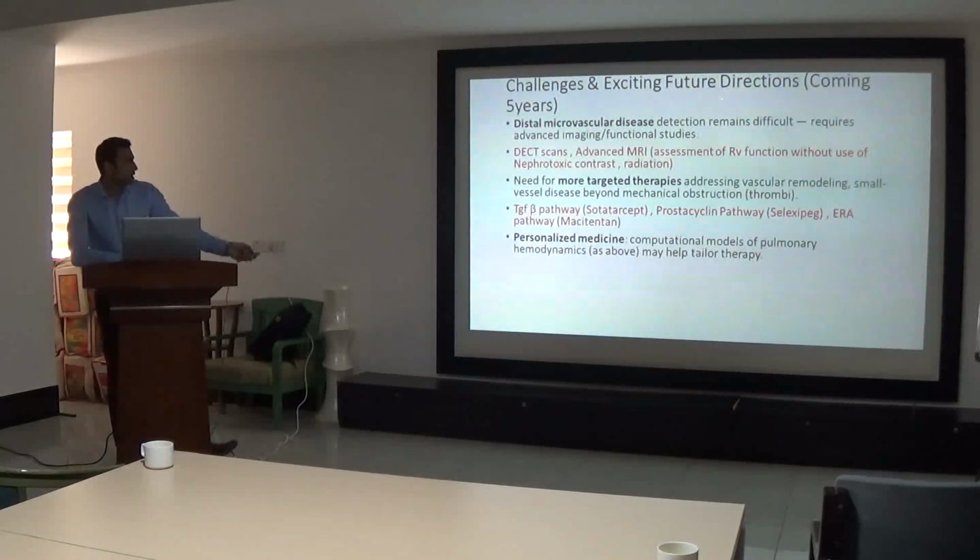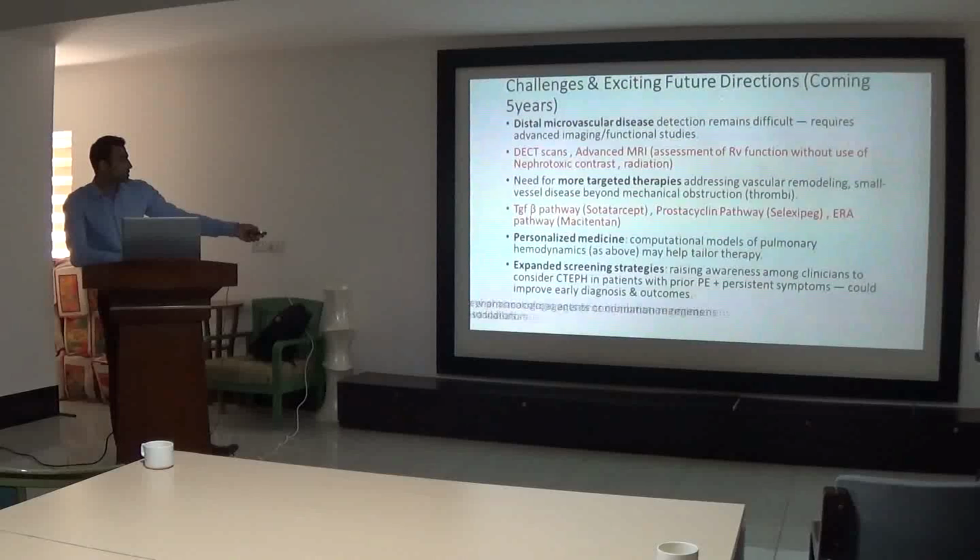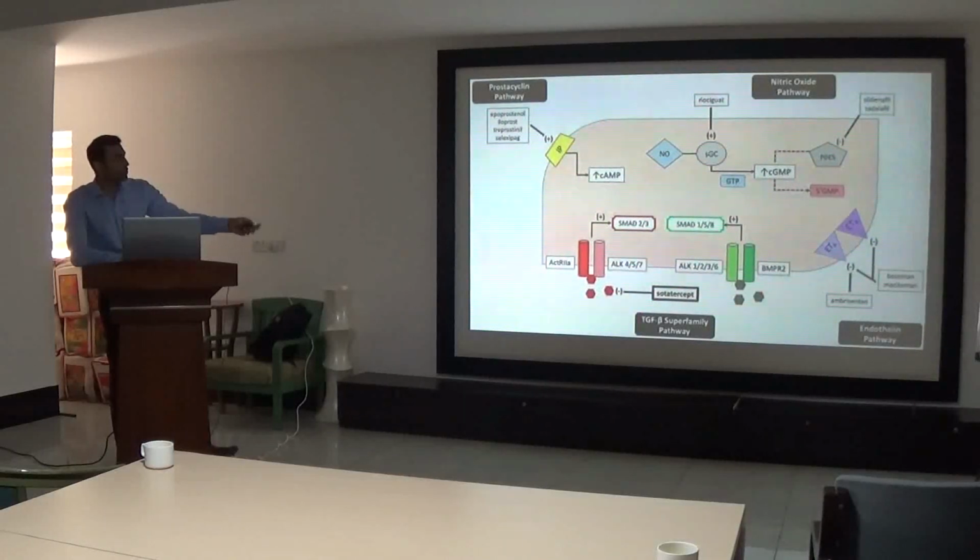I will show you the pathway of TGF. This is the pathway for TGF. TGF is the transforming growth factor beta superfamily. So these are the proliferative agents, and these are the anti-proliferative agents: BMPR2 pathway and activin-like kinase 1, 2, 3, 6. These pathways are anti-proliferative, and these are the proliferative pathways.